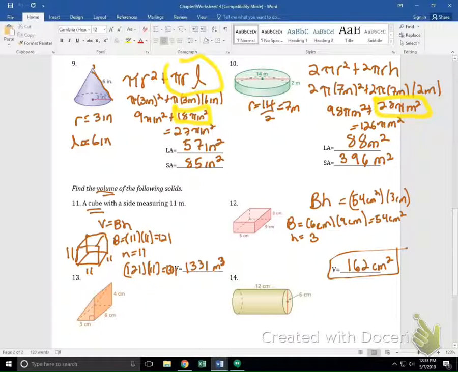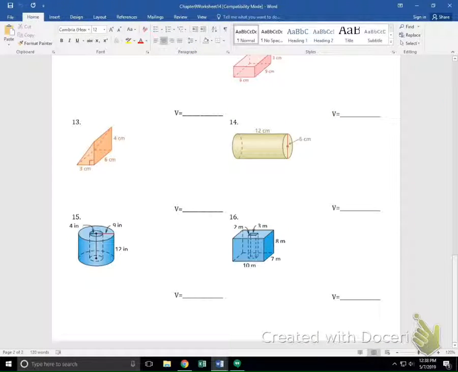Okay, next up, let me clear it. I'll scroll up. And then we have here a prism, but it's a triangular prism. Triangles at our base. So we have the same formula, B times H, but the B here is the triangle formula, which is 1/2 base times height.